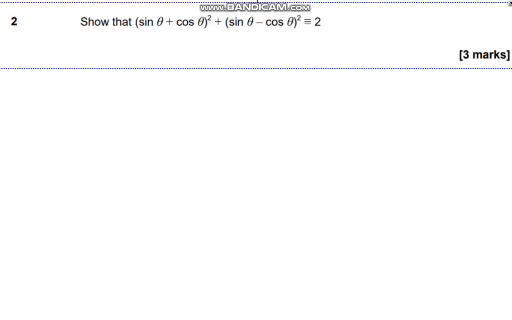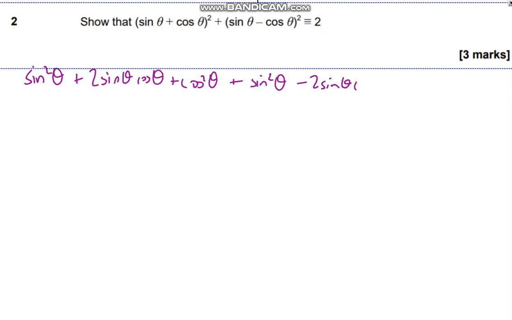On to question 2. So now we just expand out the brackets. And so we get sin squared theta plus 2 sin theta cos theta plus cos squared theta from the first one, and from the second one we get sin squared theta minus 2 sine theta cos theta plus cos squared theta.